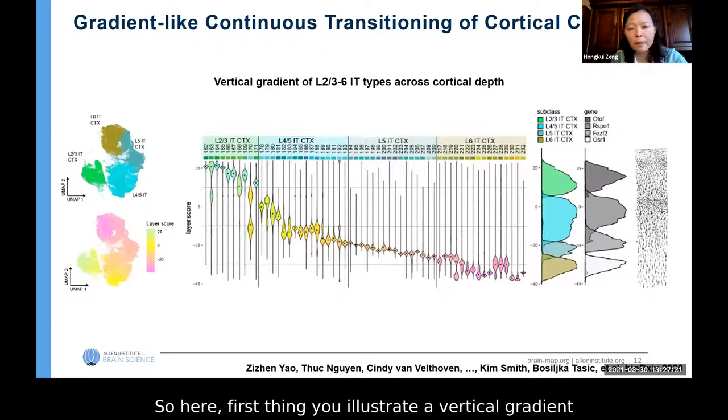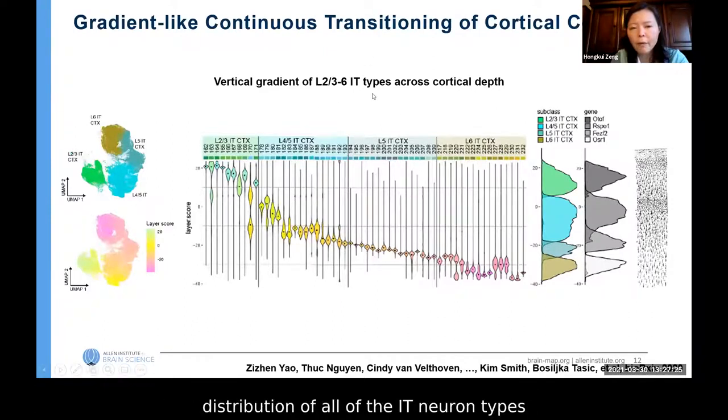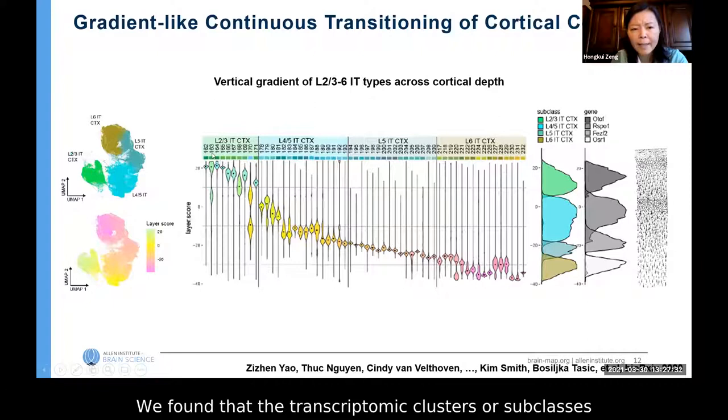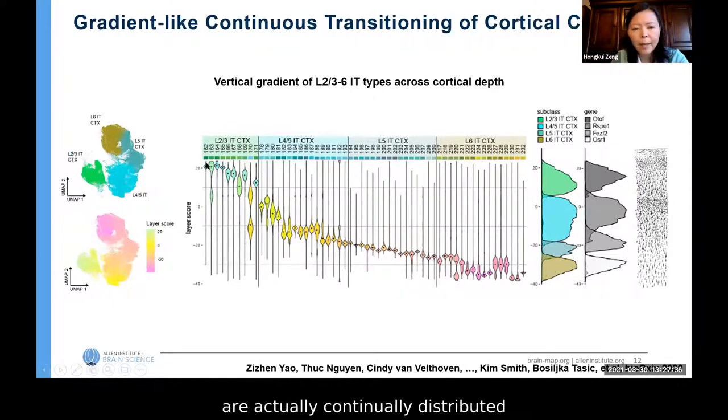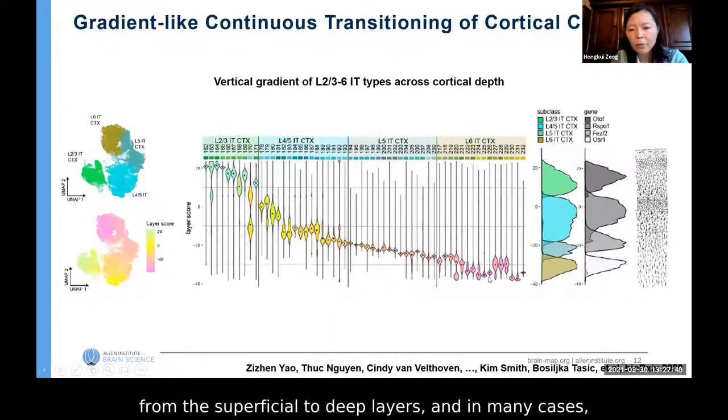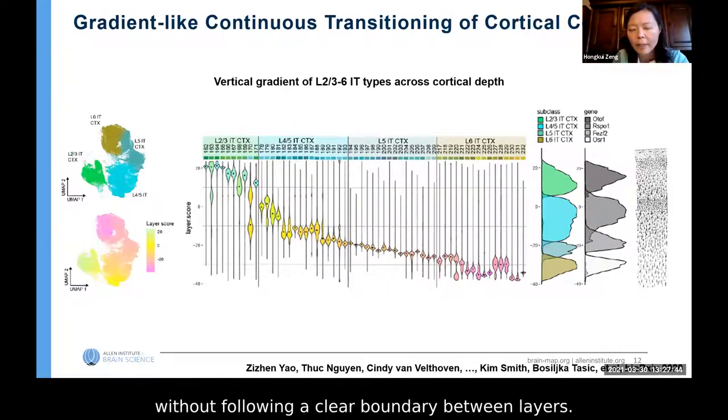So here, we first illustrate a vertical gradient distribution of all the IT neuron types across all 6 layers. We found that the transcriptomic clusters or subclasses are actually continually distributed from the superficial to deep layers, and in many cases without following a clear boundary between layers.